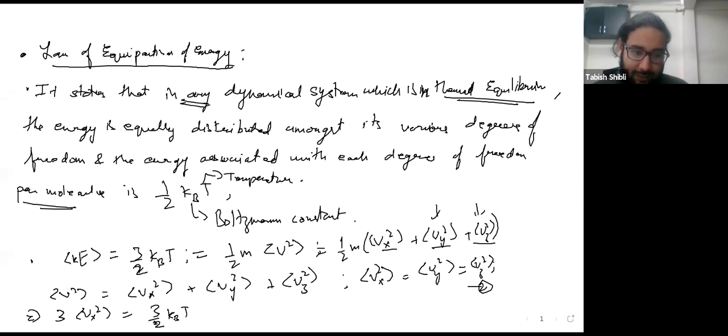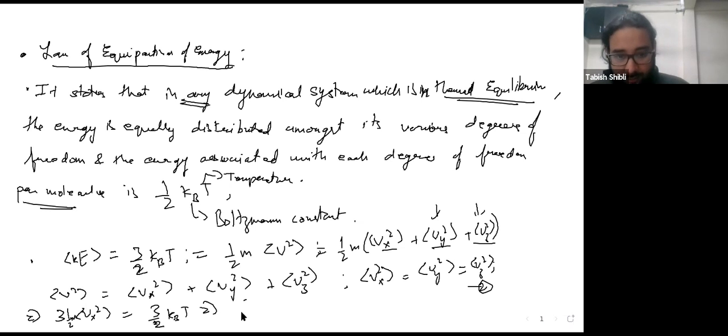So that's why this is 3 Vx squared and there is a half m also, yes, half m, sorry. 3 times half m. So half m vx squared, which is also equal to half m vy squared, which is also equal to half m vz squared, is just the kinetic energy in the x direction, or in the y direction, or in the z direction, right?